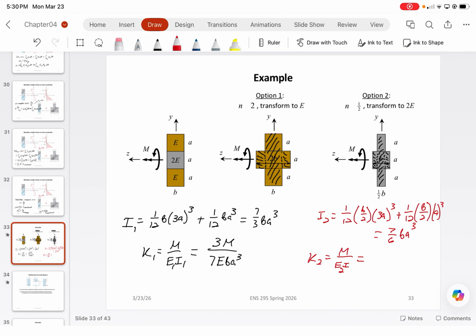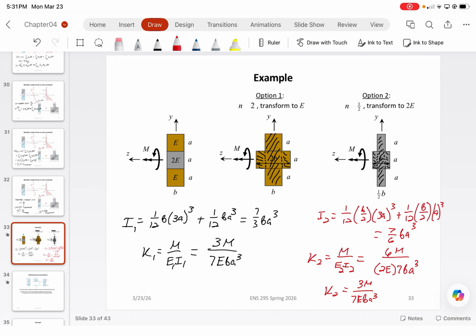We get 6M over E2 is equal to 2E times 7b a cubed, which guess what? K2 is just going to simplify to 3M over 7EB a cubed. So the curvature is the same.